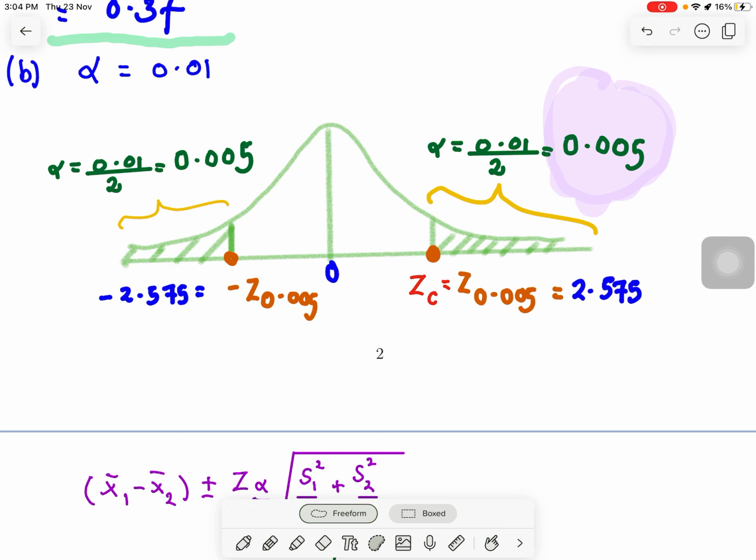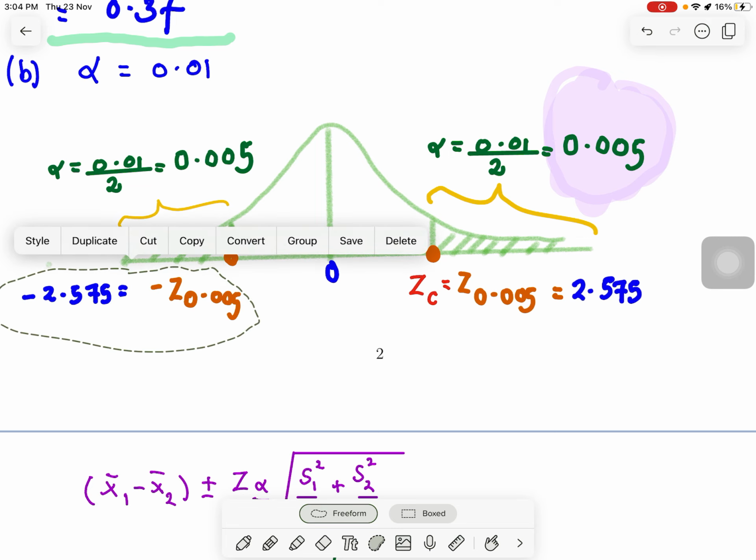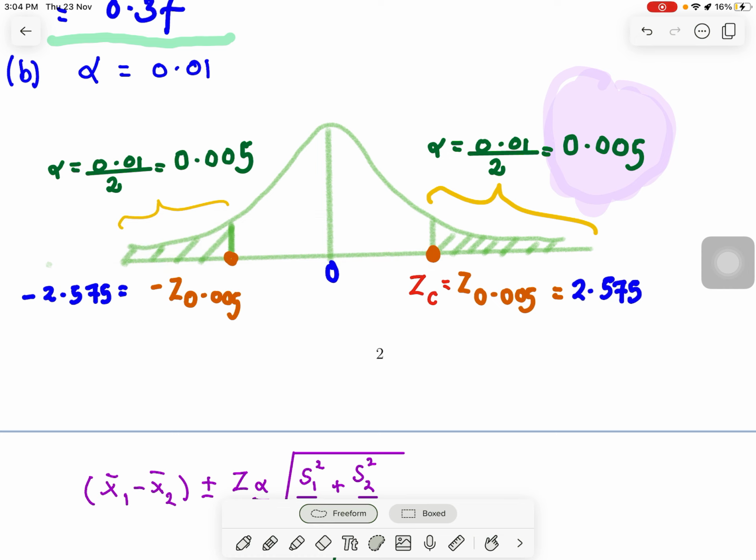Okay, we call it a critical value. Same goes to the negative part, with negative ZC. Right, so why do we call it a critical value?